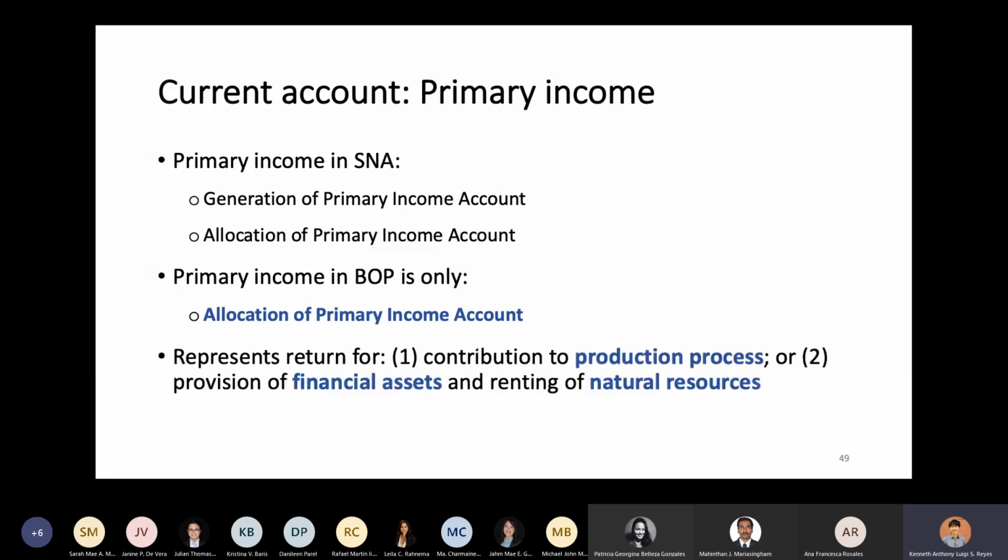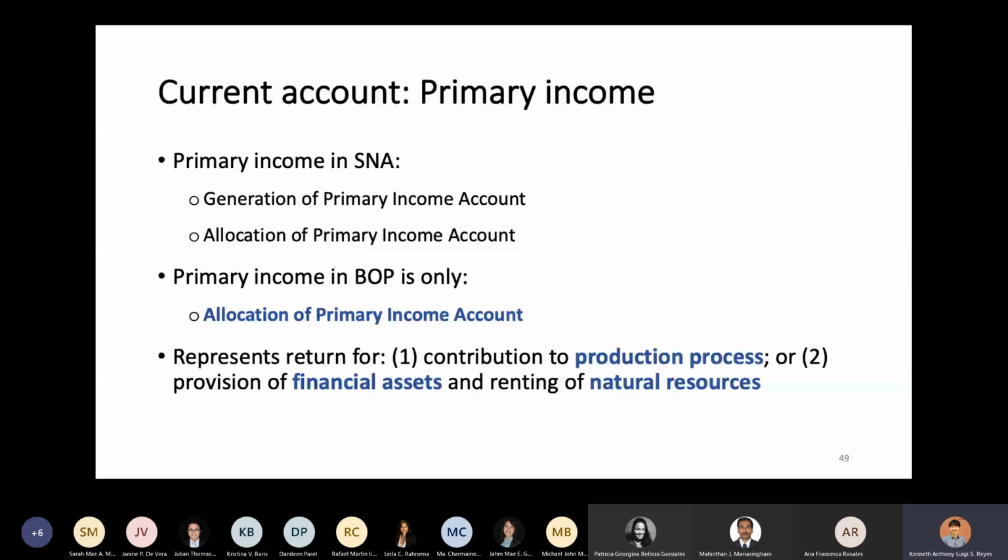Primary income represents two things. Either it is your return for contributing to the production process, or it is your return for providing financial assets or natural resources. Here are the particulars of that.